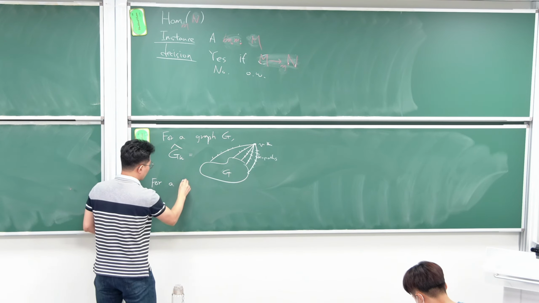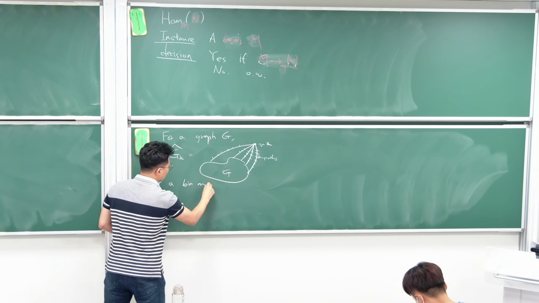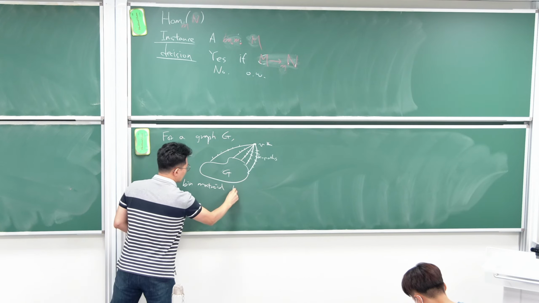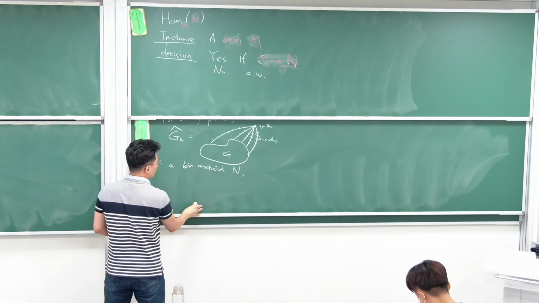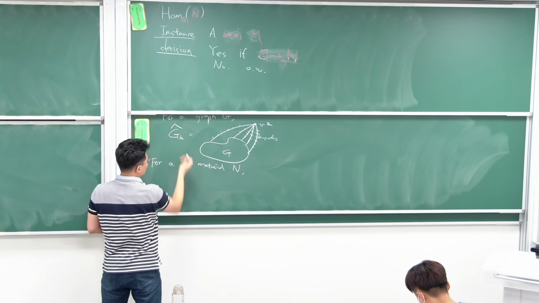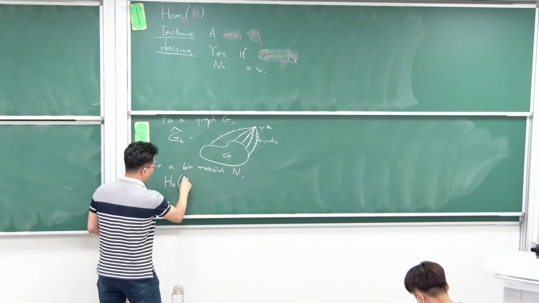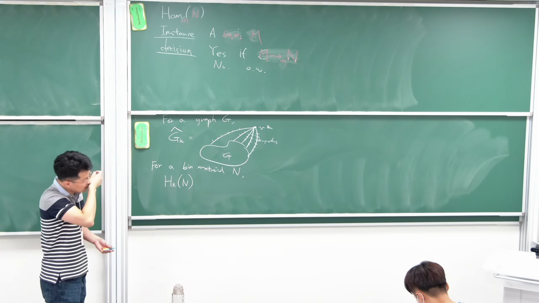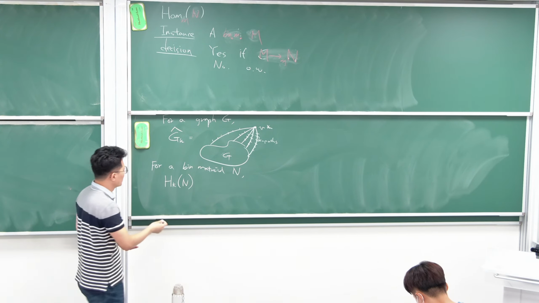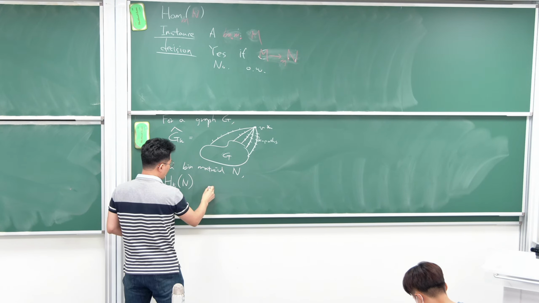And for a binary matrix N, H_K of N is a simple graph defined as follows.